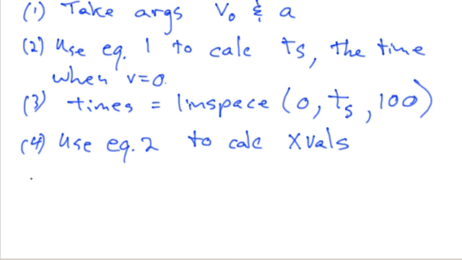And then, when you do this, this creates an array of 100 time values from 0 up to t stop, which you calculated.